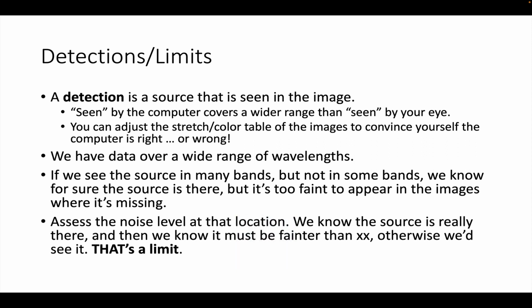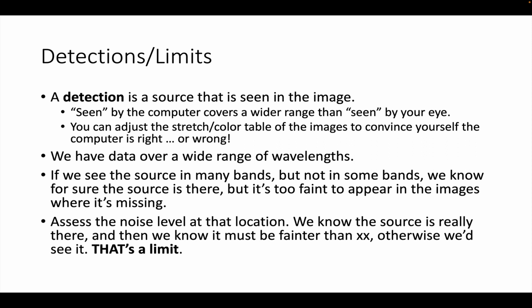You can always adjust the stretch or the color table of the images to either convince yourself that the computer is right or that the computer is wrong, but the computer is more sensitive than your eye in this context. We have data for any of the NITARP projects that we do over a huge range of wavelengths, ranging from blue out past, easily, 160 microns.